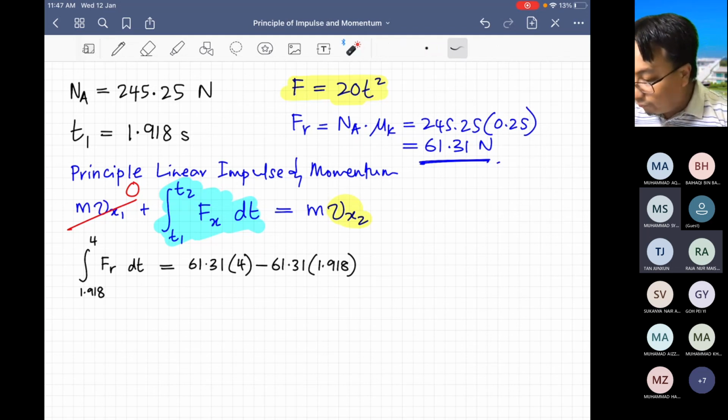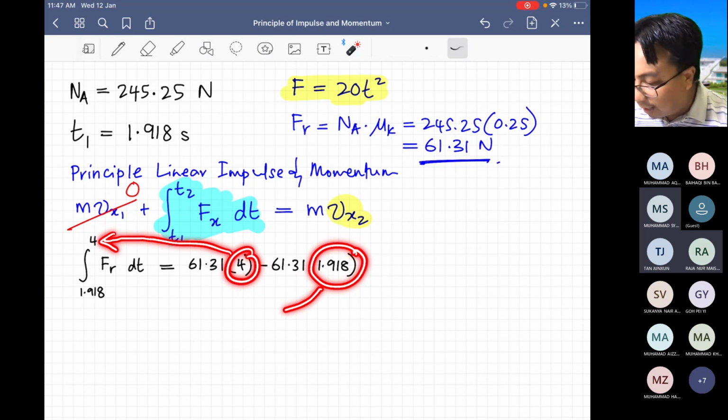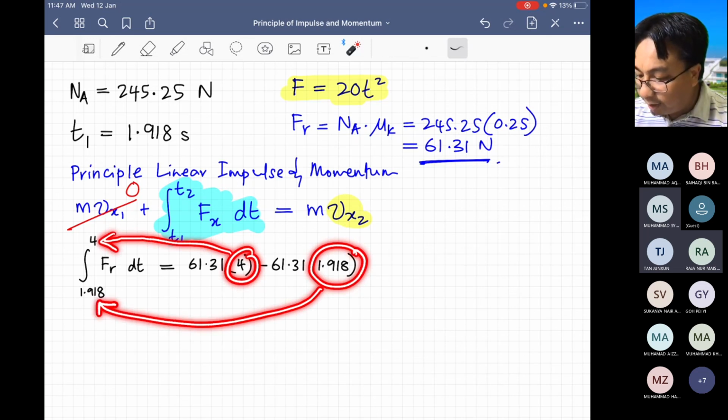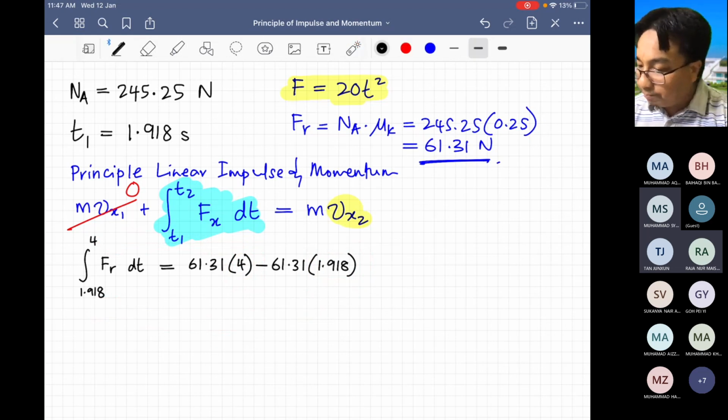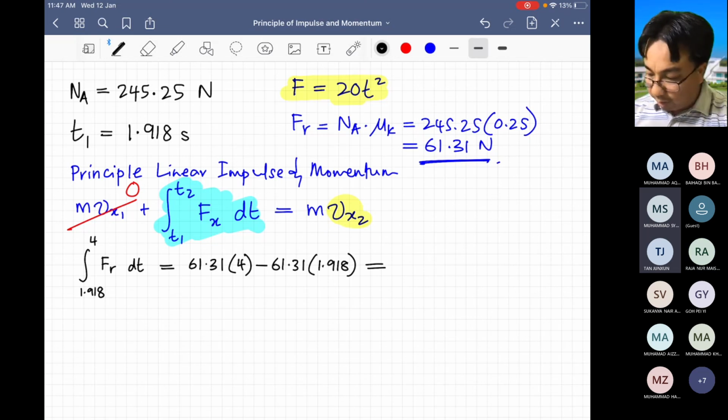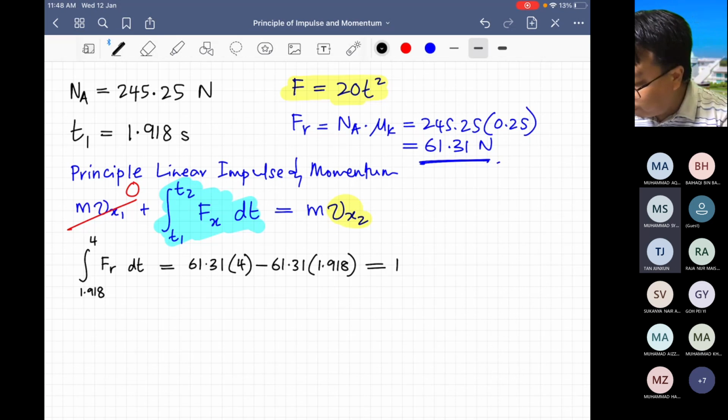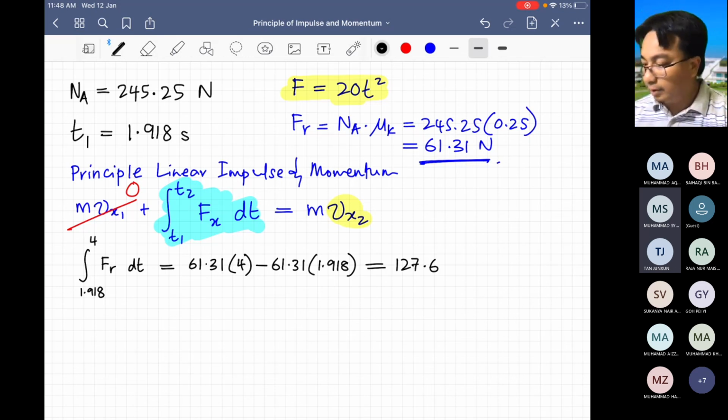Mana datang ni 4 dengan 1.918 ni? 4 is the upper limit, 1.918 is the lower limit of the integration. Kita akan dapat 127.6 Newton second. Ini impulse, unit dia Newton second.